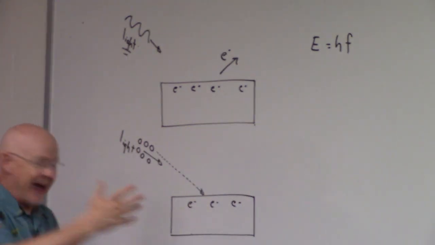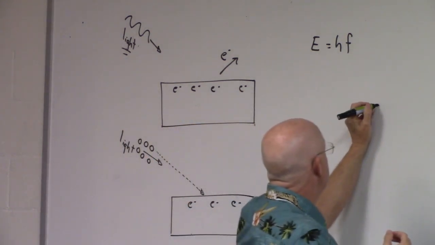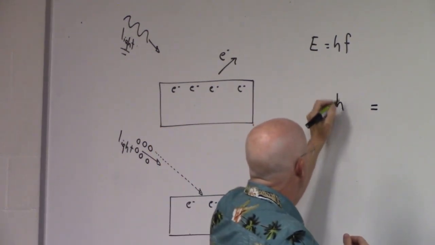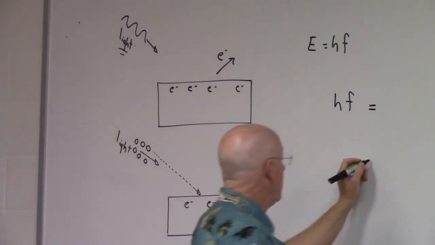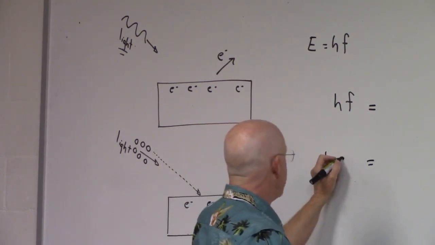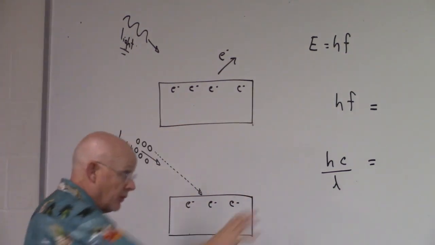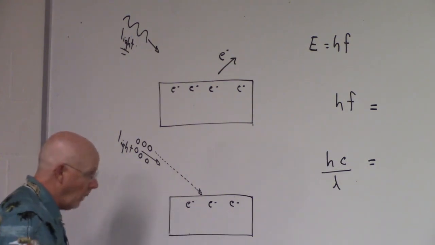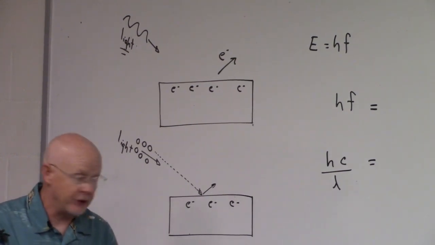In fact, mathematically, Einstein would put it this way. It would be a conservation of energy argument. He would say, okay, so the energy coming in, hf of the photon, although we could write that as h, and instead of f, we could write it as the speed of light divided by its wavelength. Okay, so this is the energy coming in. Where does it go? Well, his argument is the first bit of energy has to break it free.